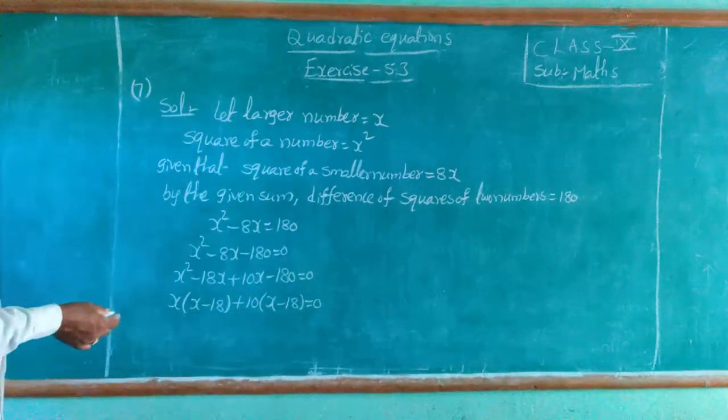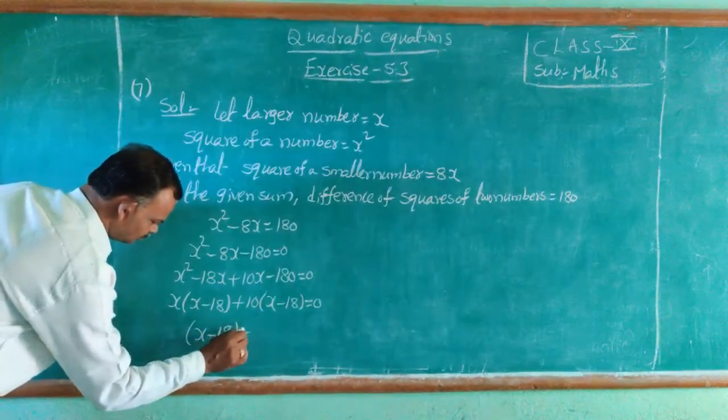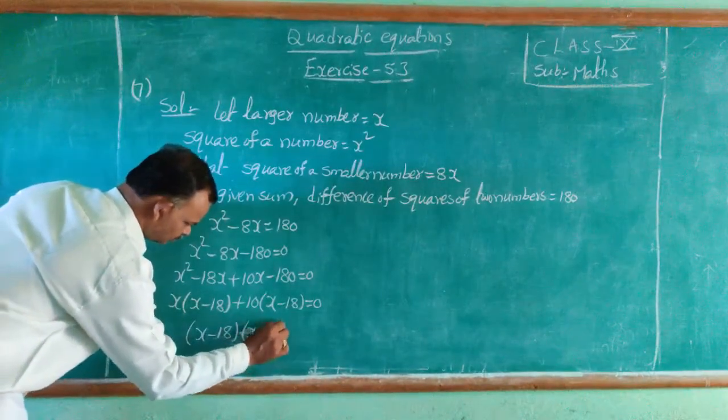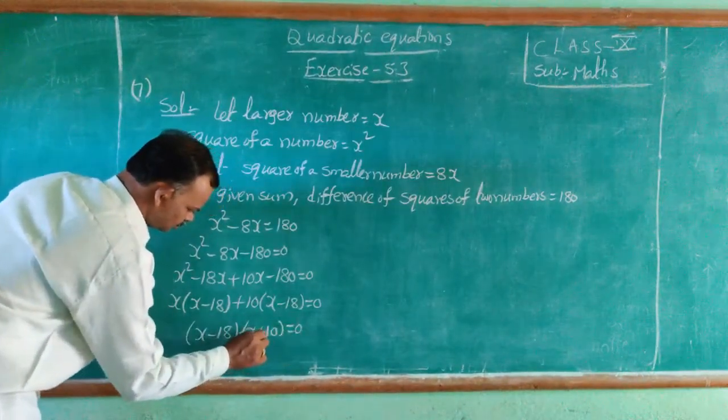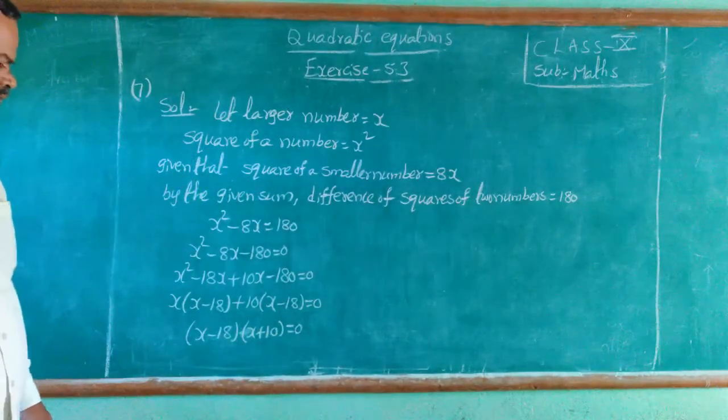Again common x minus 18. X minus 18 into x plus 10 is equal to 0.